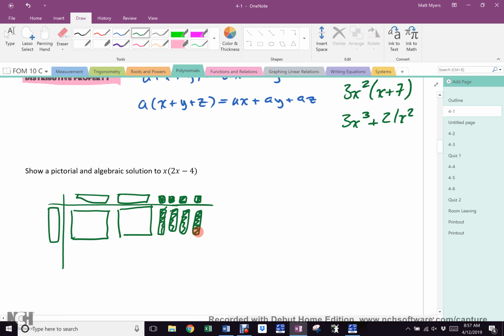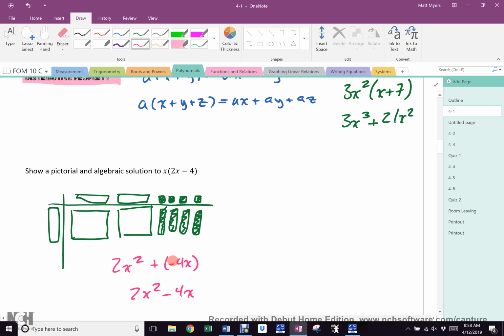What's the answer? Where does the answer live? Inside or outside? Inside. And what is it? 2x squared. Technically, it's plus negative 4x. Would a math guy write it that way? 2x squared minus 4x. But I am very happy Sage brought that up because I thought most of you would have said this one, and then I would have said, but technically, what is it?